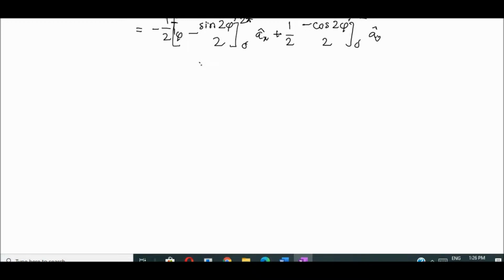Now if I substitute the limits, we'll get half of 2 pi ax, and this term will be 0, this term will be 0. Now I will get ax equal to minus pi ax.